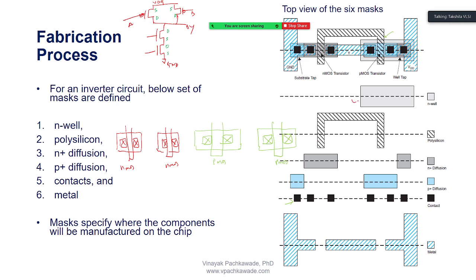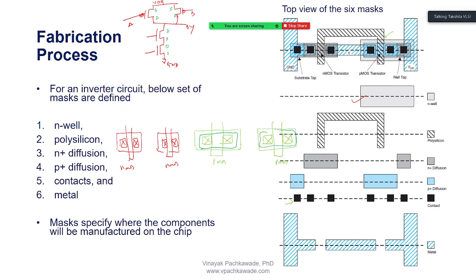I know N well, okay. So inside that I probably need the mask. I have to use different colors. So let's say for P plus diffusion I use this color. This is N well and this is the diffusion.